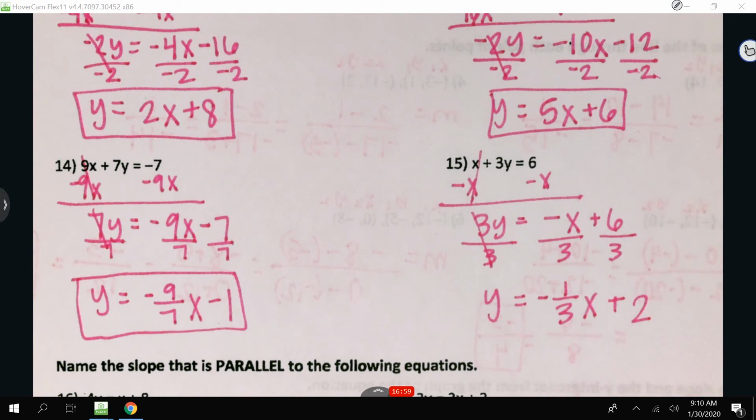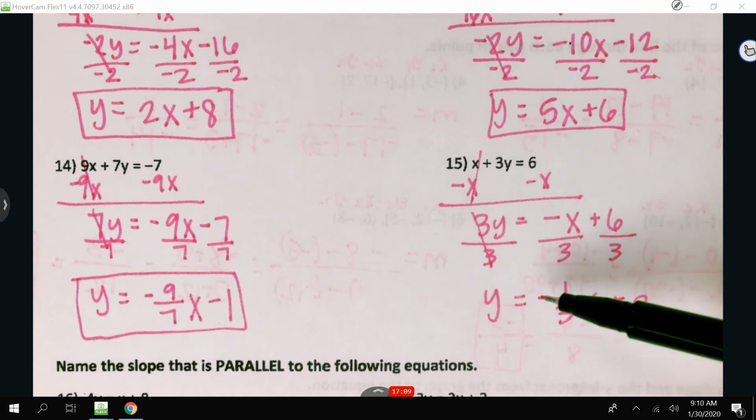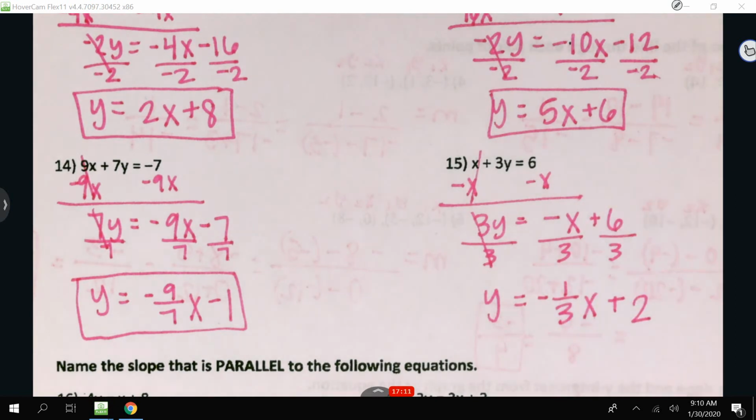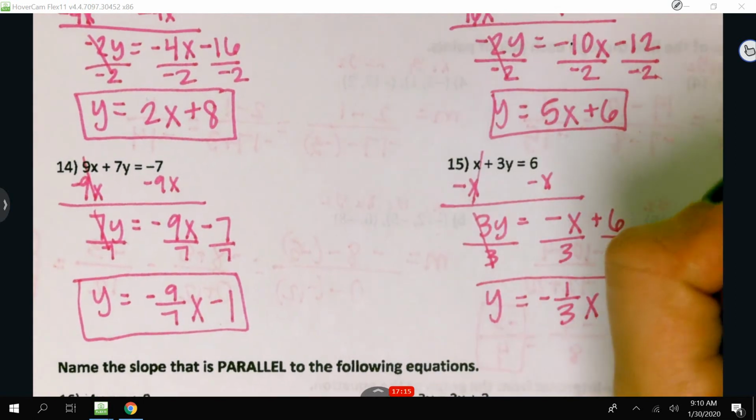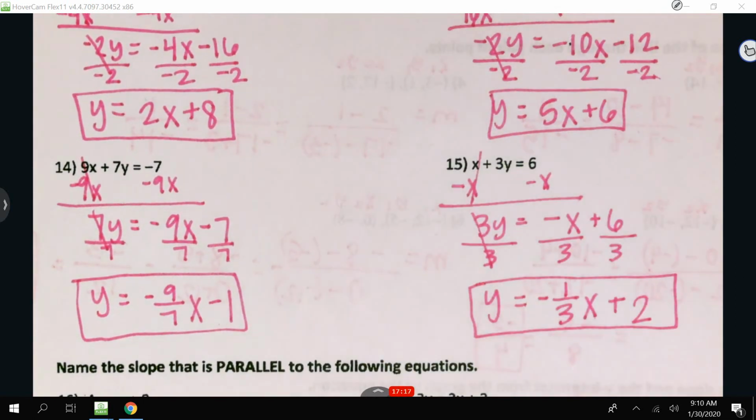If you just put negative x divided by 3, that's perfectly fine. If you just keep that x on top, negative x over 3, that's fine too. It's all the same thing. Doesn't matter to me. Okay. Questions on that?